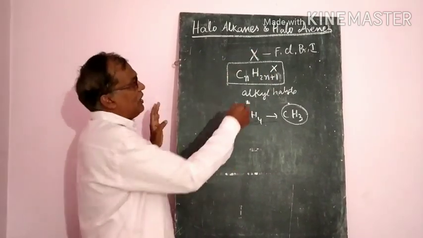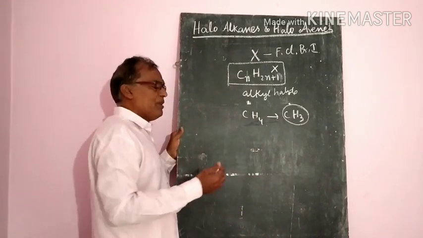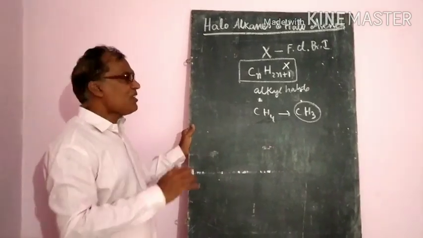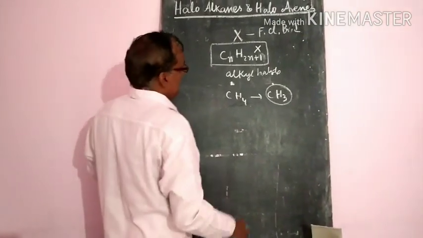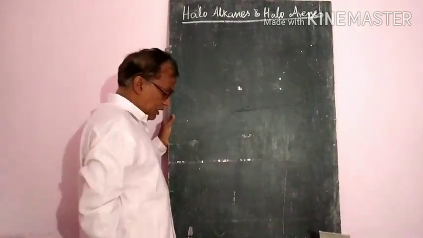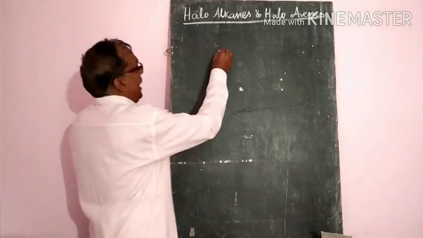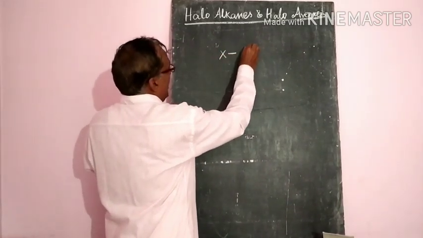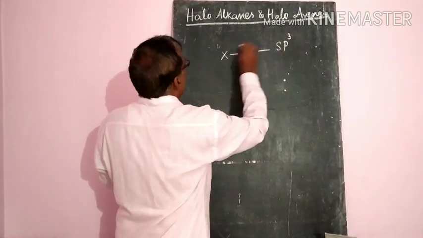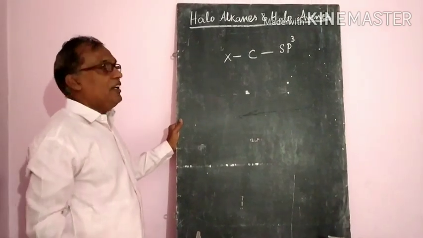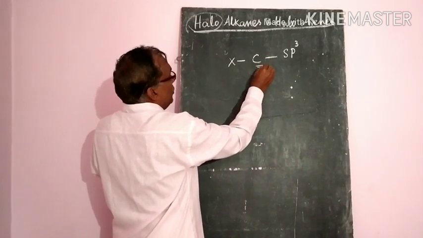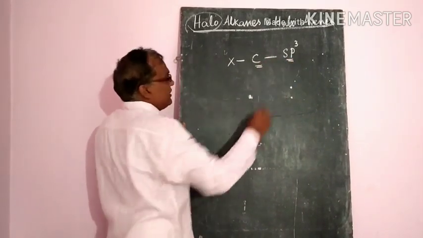Similarly, arenes means benzene compounds. In benzene compounds also, one hydrogen is replaced by a halogen atom. But generally, there are two types. In haloalkanes, the halogen atom is attached to a carbon atom whose hybridization state is sp3.